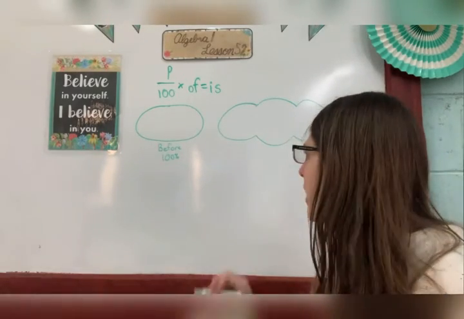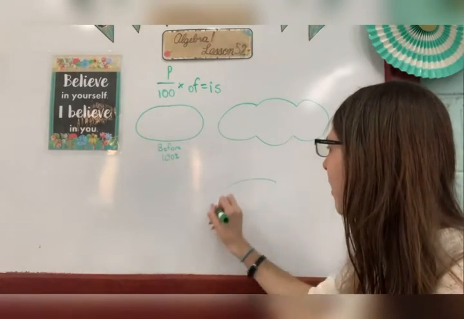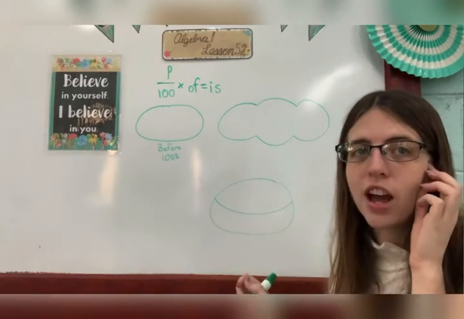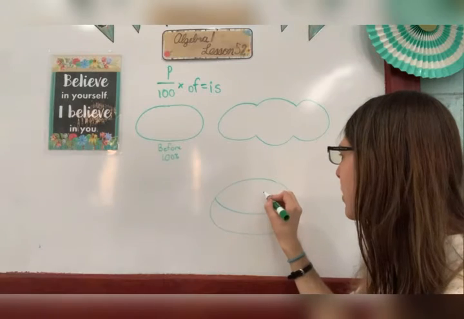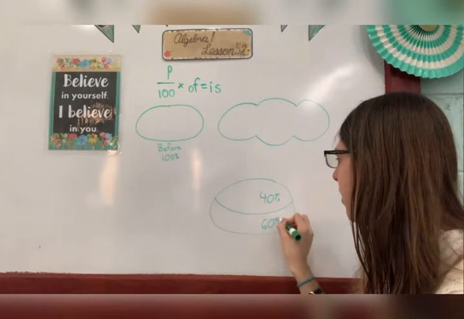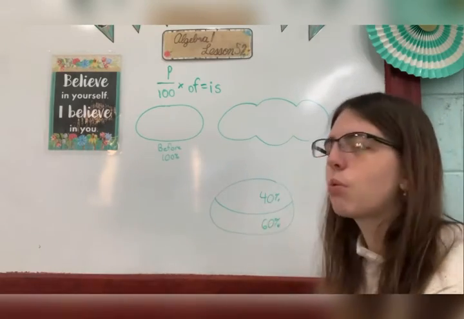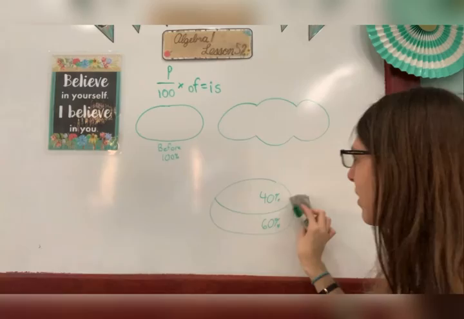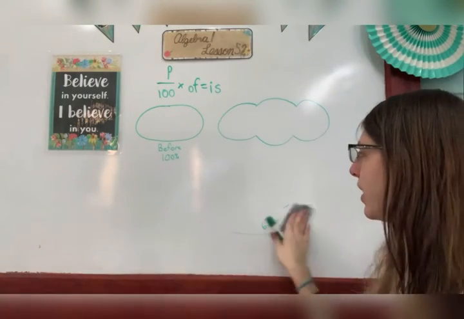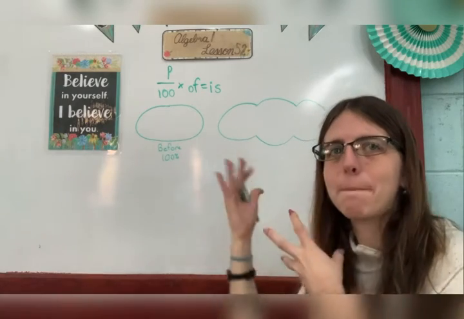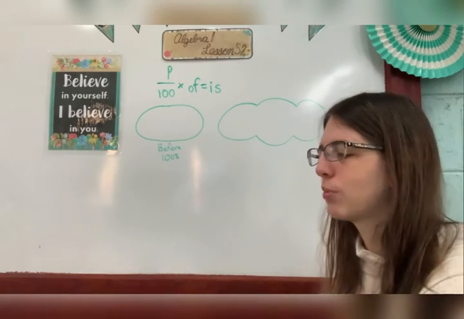So instead of the bubble that we had in the last ones where it was split because your percent was smaller than 100, so for example, maybe you had 40% and 60% because you divided your 100% into 2 groups. This time you have something that's bigger than 100%, so you have to have like a double bubble, okay? Because it's bigger, it's more than your 100%.